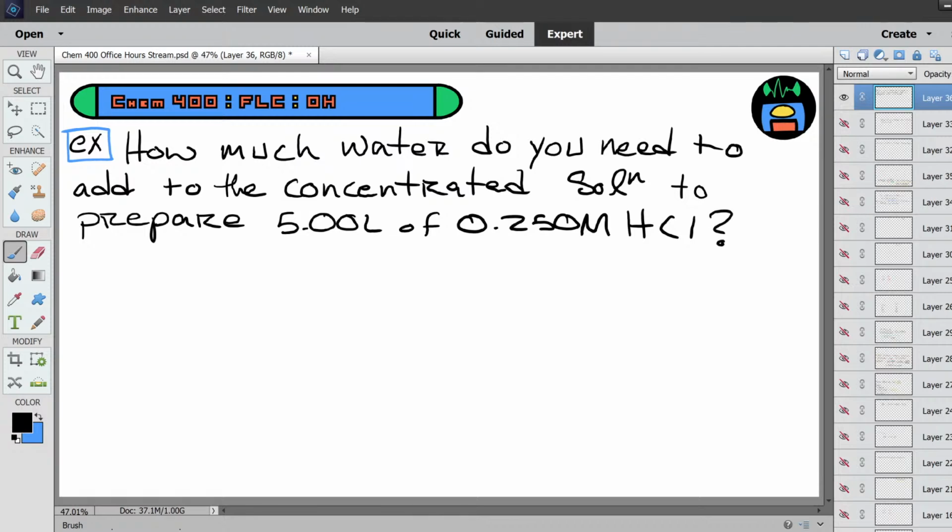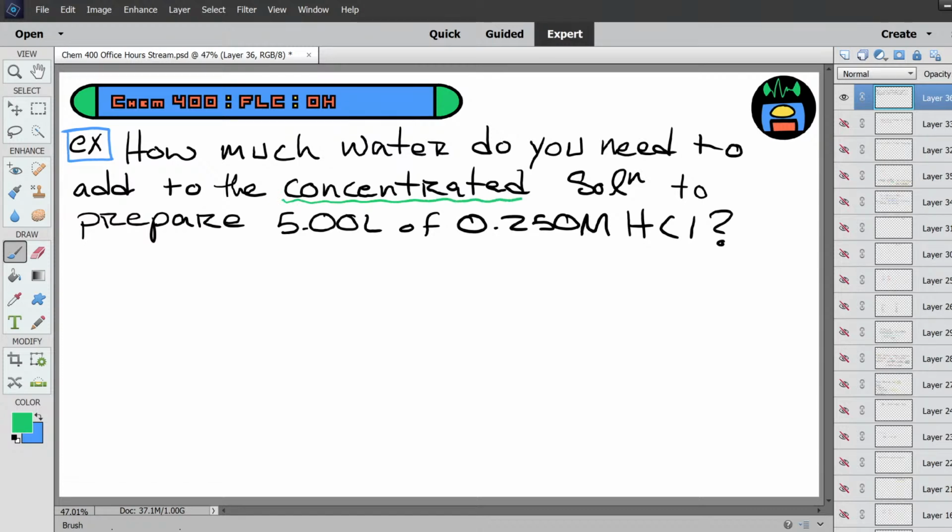All right. Logan, quick question. We need one more piece of information to solve this problem. Logan, what is the concentration of the concentrated solution?